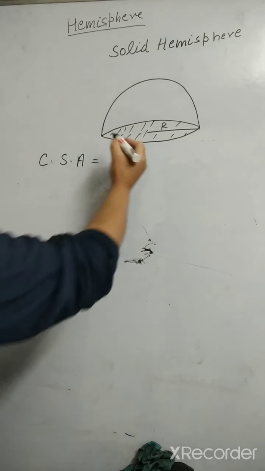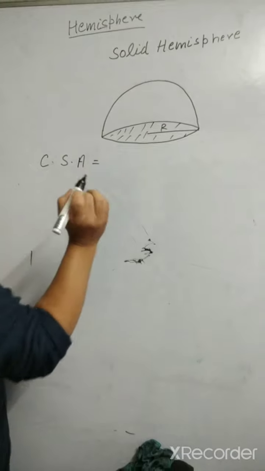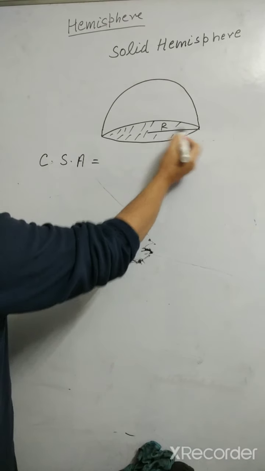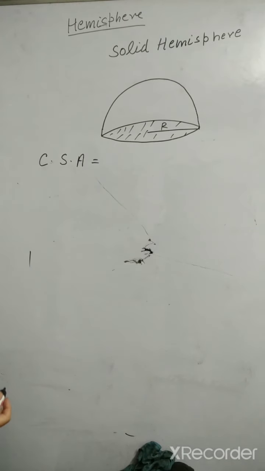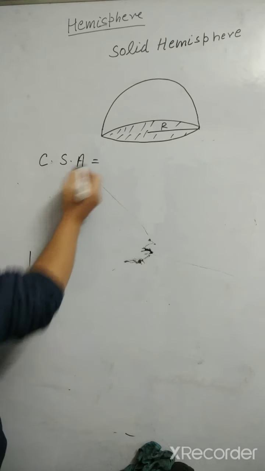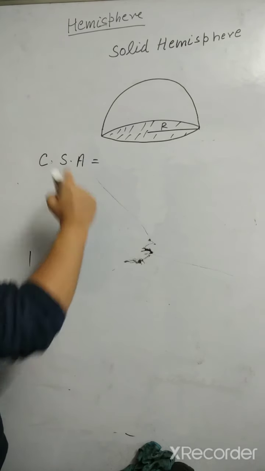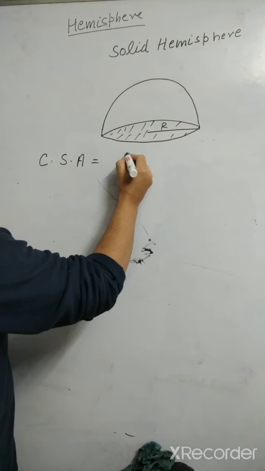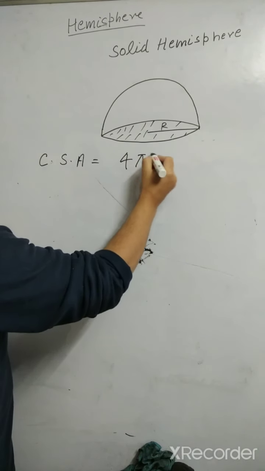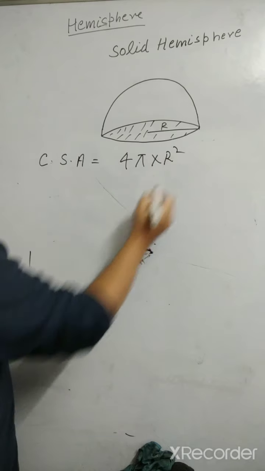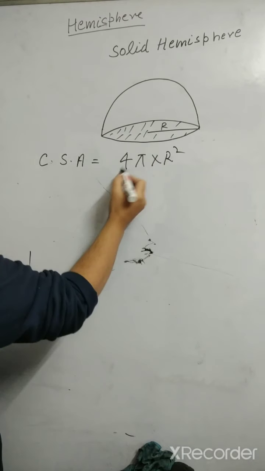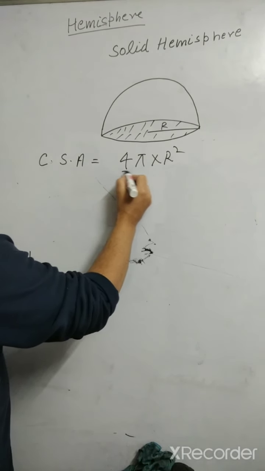Now this is a hemisphere, got it? Let the radius of this hemisphere be r. Now if you are asked to find curved surface area of this hemisphere, see, the curved surface area of a sphere is 4 pi into r square. Since it's a hemisphere, we will divide it by 2.